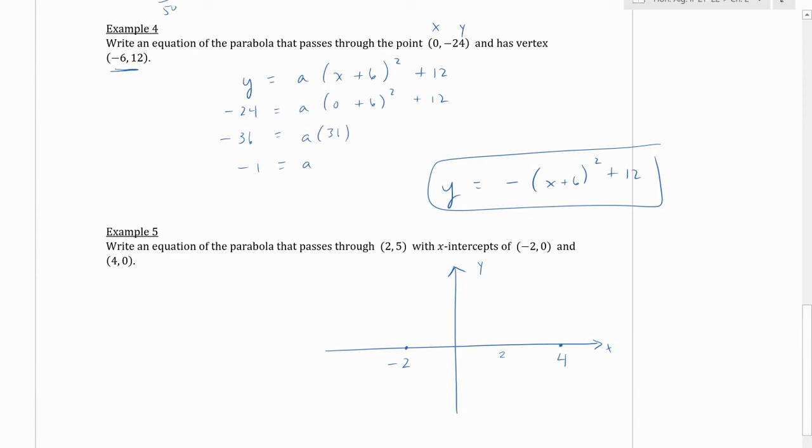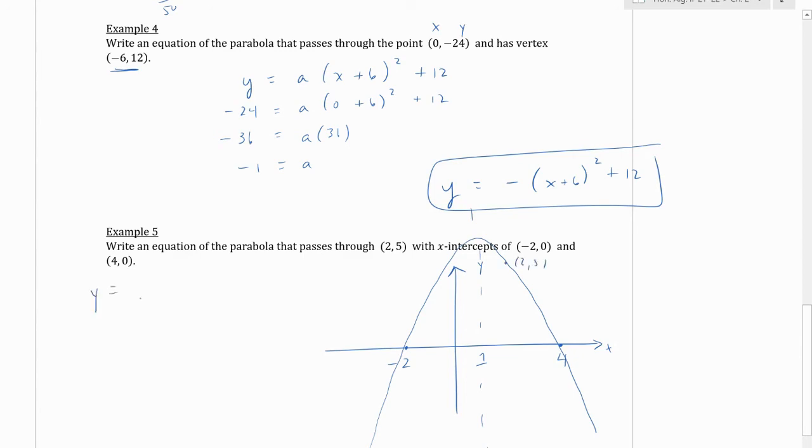Actually, before I worry about that, if it's going through -2 and 4, and it has to pass through (2, 5), which we know is up here, it's got to open downward. And the axis of symmetry would be right there at 1. And I'm going through (2, 5).